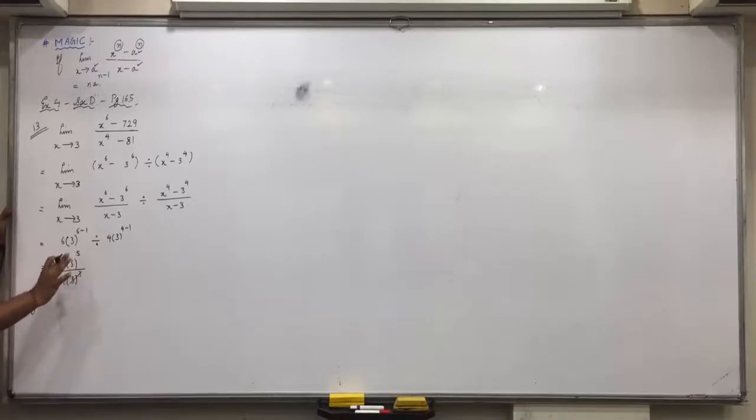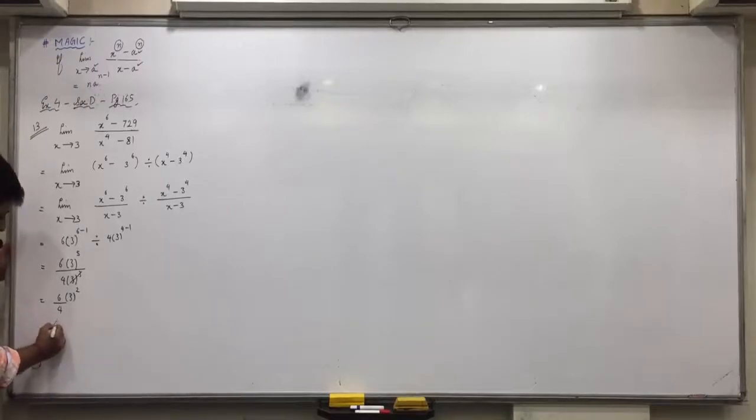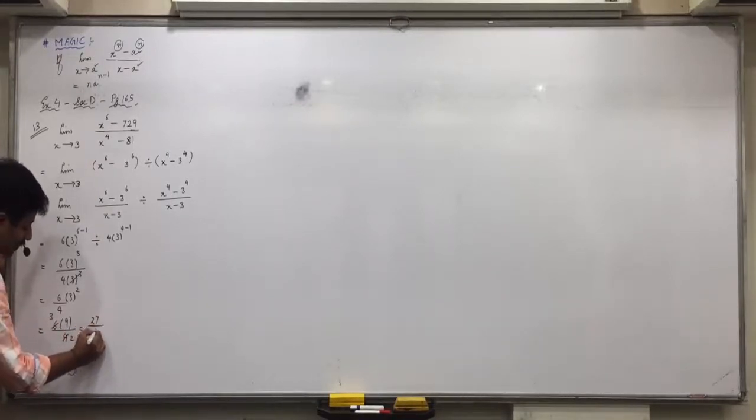In division the powers get subtracted. So 6 divided by 4, and 3 raised to what is 5 minus 3? 2. Do it this way only, because in some questions calculators cannot be used. So follow the same pattern in all the questions. Understood this? Now 6 into 3 square is 9, upon 4. 2 into 3, 2 into 2, so 3 into 9, 27 divided by 2.